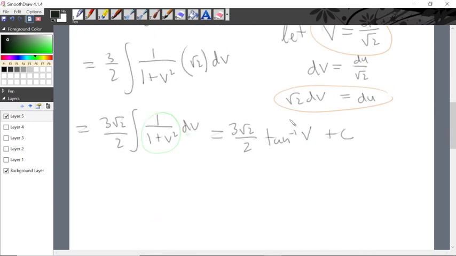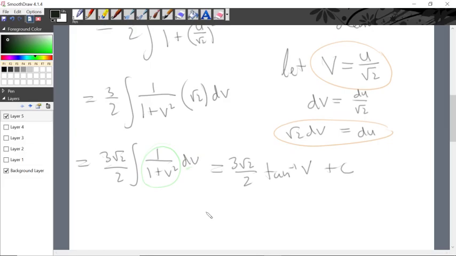To do so, we need to reverse both substitutions. So let's get this right. Right now, this is some function of v. So now I'm going to get it back to a function of u. 3 root 2 over 2 times the arctangent of, well, v is u over root 2. So u over root 2 and then plus c.